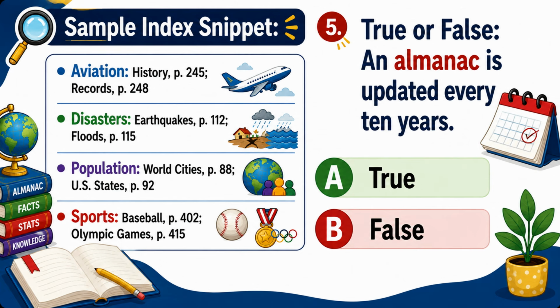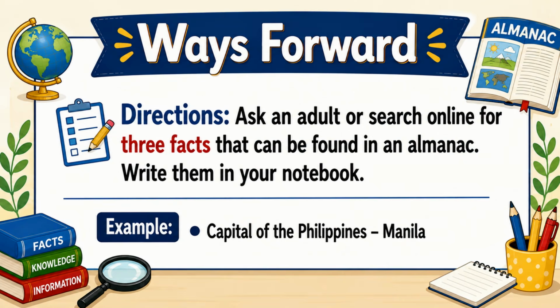A. True. B. False. Ways forward. Directions. Ask an adult or search online for 3 facts that can be found in an almanac. Write them in your notebook. Example: Capital of the Philippines, Manila.